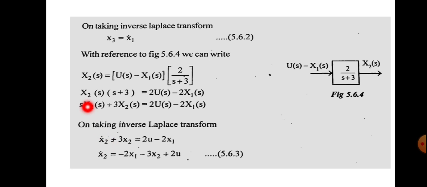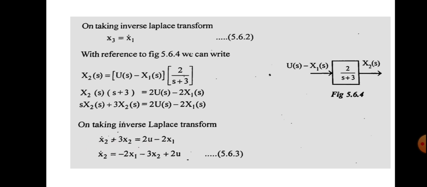Okay, whenever it is multiplied by s square, then inverse Laplace transform will be second derivative. Here it is first derivative, that is why we are writing the equation, that is x2 dot will be equal to this one. So you can directly get the x2 dot equation from this equation, right? You can rearrange this equation as x2 dot will be equal to minus 2x1 minus 3x2 plus 2u.